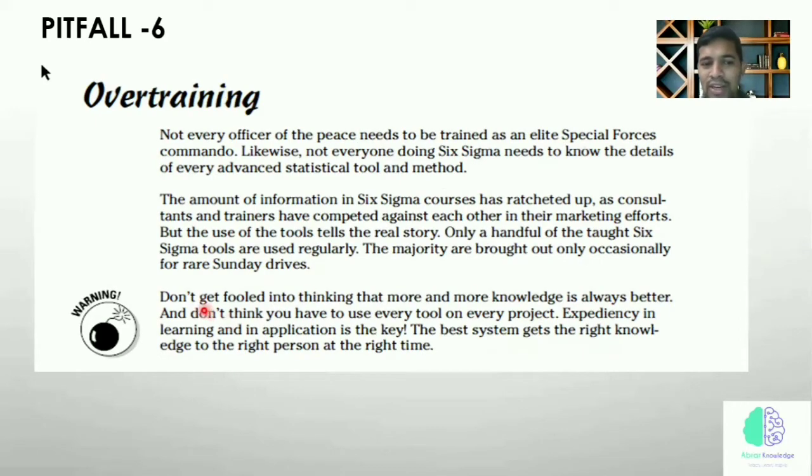It also gives a warning: do not get fooled into thinking that more and more knowledge is always better, and do not think that you have to use every tool on every project. Expediency in learning and in application is the key. The best system gets the right knowledge to the right person at the right time.